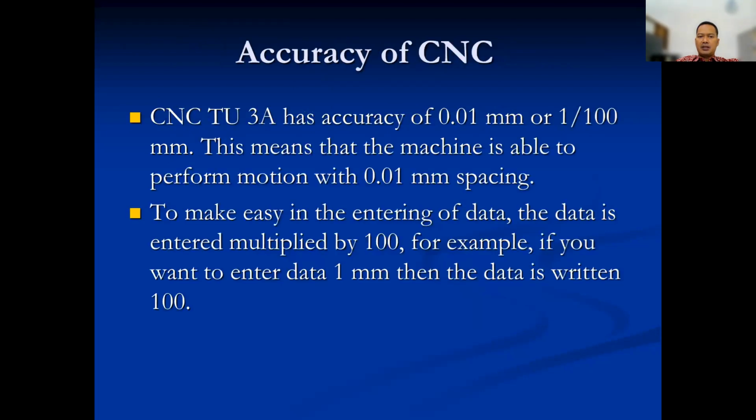And the accuracy of CNC TU3A is 0.01 millimeter, or 1 per 100 millimeter. This means that the machine is able to perform motion with 0.01 millimeter spacing. To make data entry easy, the data is multiplied by 100. So to enter 1 millimeter, you write 100.